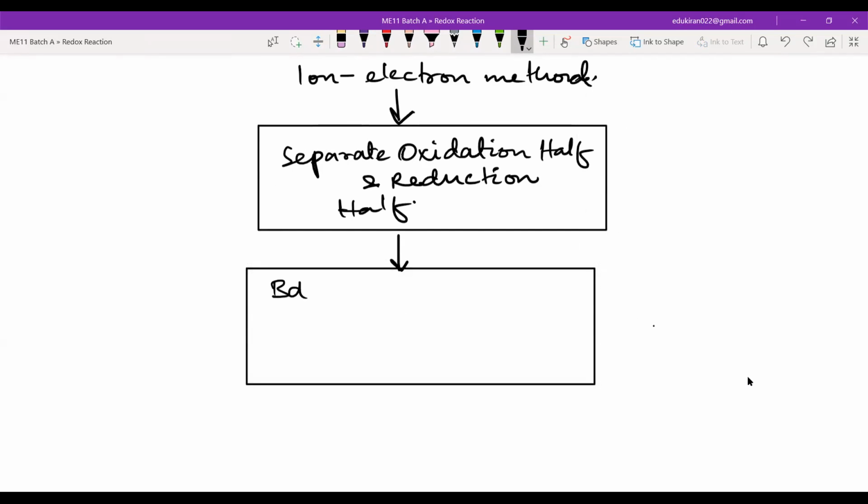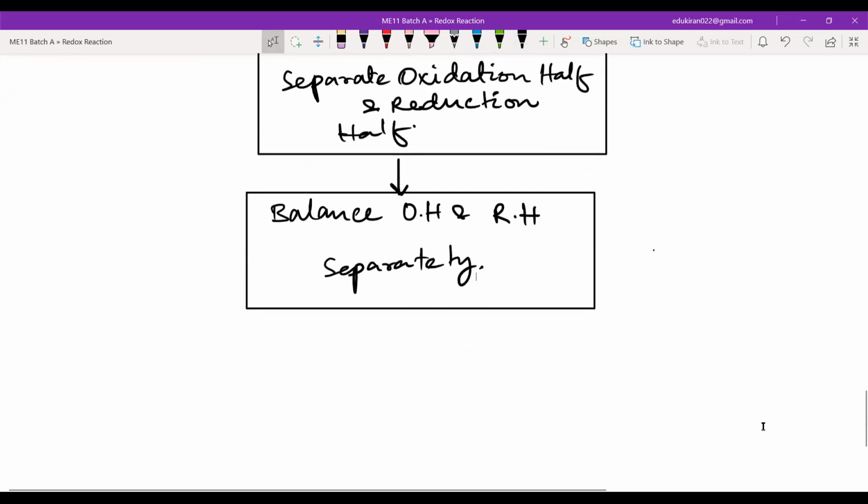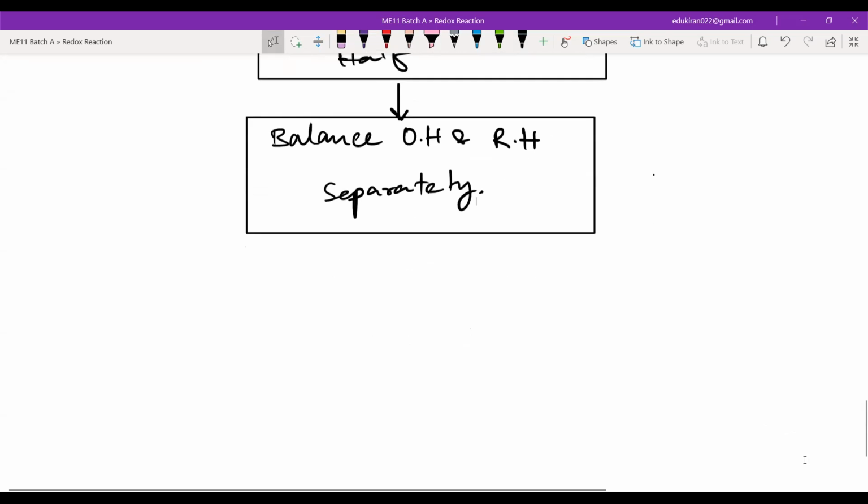Now, to balance the oxidation half and reduction half, first of all you have to add electrons on the left hand side if reduction, and on the right hand side if oxidation.